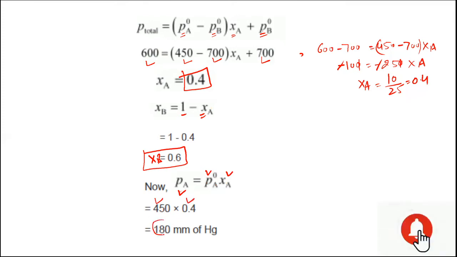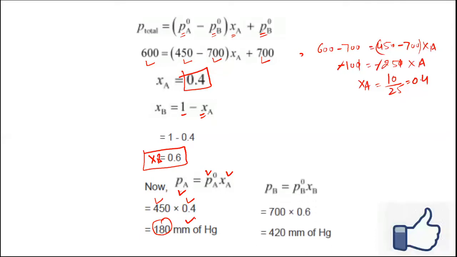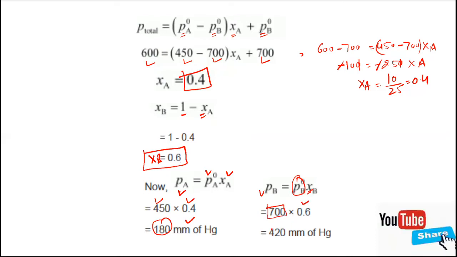That net value comes to be 180 millimeter of mercury. Similarly, pressure of component B is equal to P naught B times mole fraction B. P naught B value is 700. Mole fraction of B is 0.6. Net value comes to be 420 millimeter of mercury.